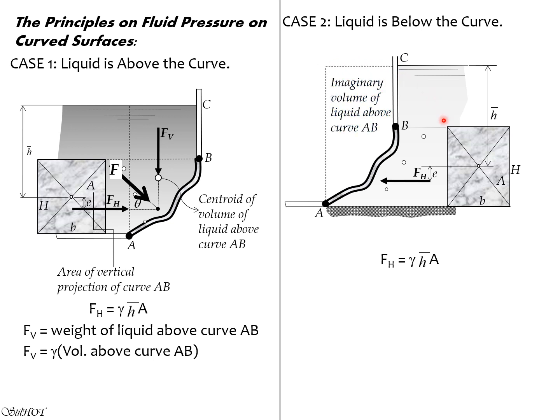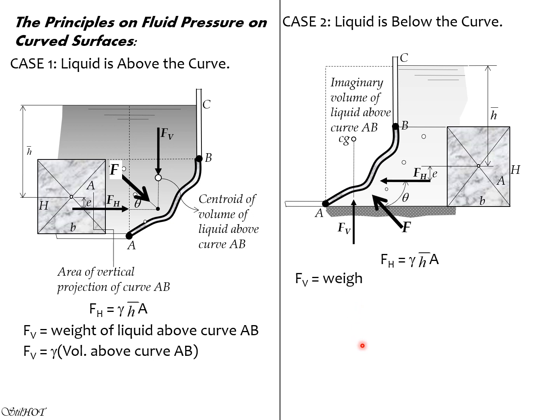And of course, it is still passing through the centroid of this imaginary volume. The only difference to the previous case is that Fv is now upward.